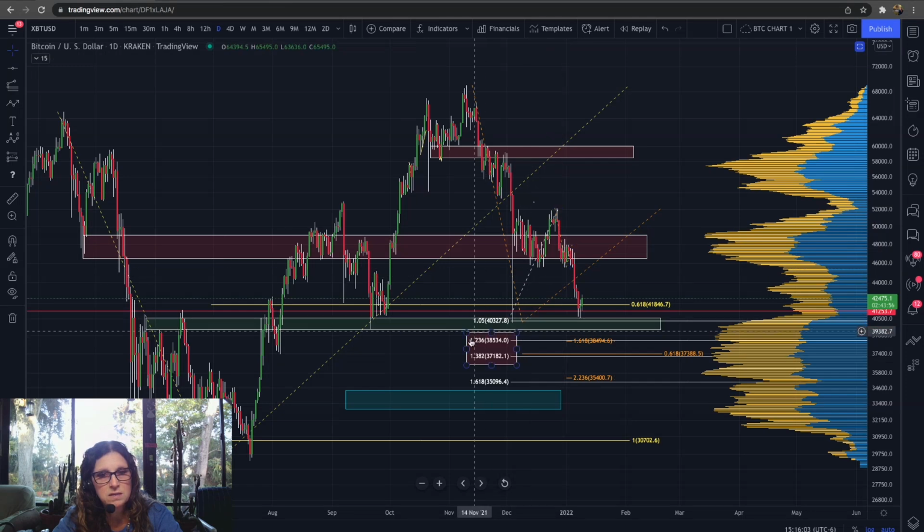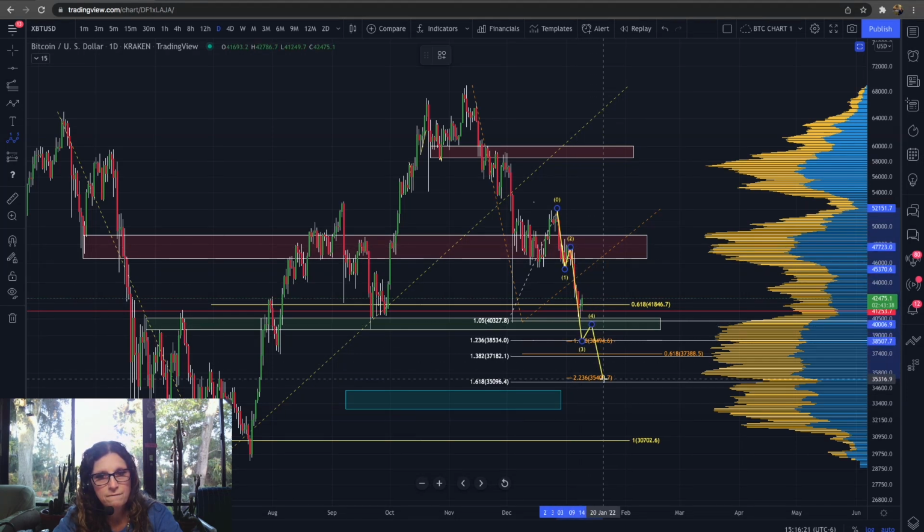What is the last option? The last option is that what we're actually doing here is we're making a 1, a 2. This is just a bounce. We're going to come down for 3, 4, 5.